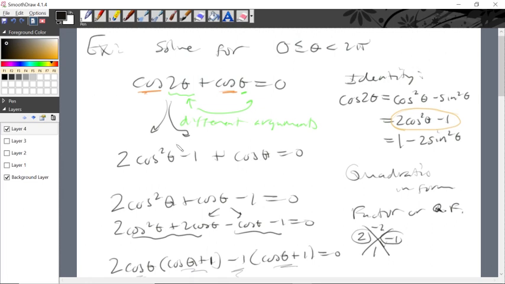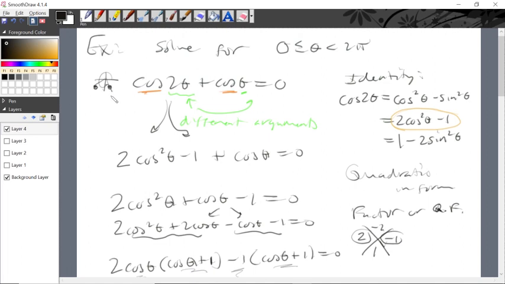Another value was pi. The cosine of 2 pi plus the cosine of pi is equal to 0. Well, the cosine of 2 pi equals 1, and the cosine of pi equals negative 1, and adding those together, you get 0. And what about 5 pi over 3? That would put us in quadrant 4, and double that to get 10 pi over 3, like we saw earlier, is in quadrant 3.